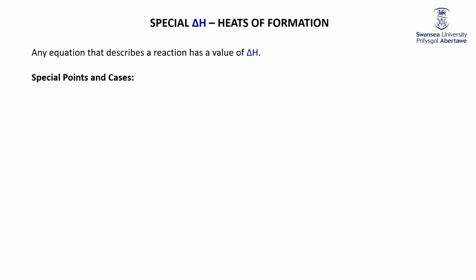But before we really get into these special delta H's, we do need to define the so-called standard state. Now, the standard state is just what we use to tabulate various values of delta H's and also, as you'll see, other thermodynamic quantities later on. Okay, the standard state is depicted by this little circle here. Now, this is terribly naughty of me to just use a circle for it.